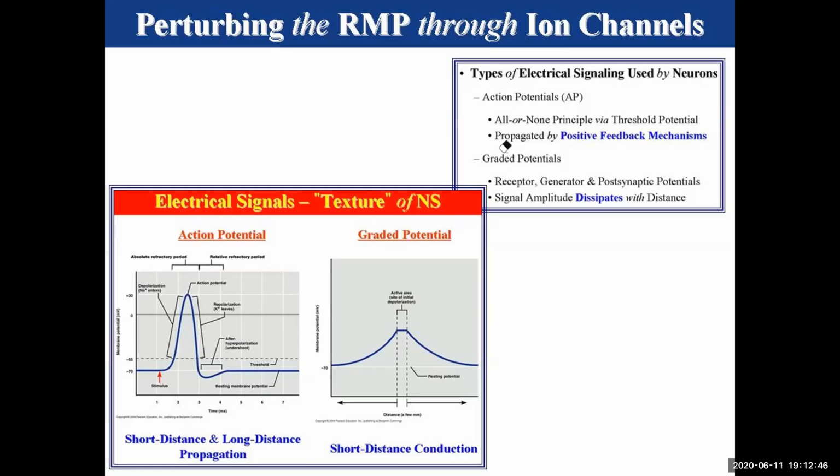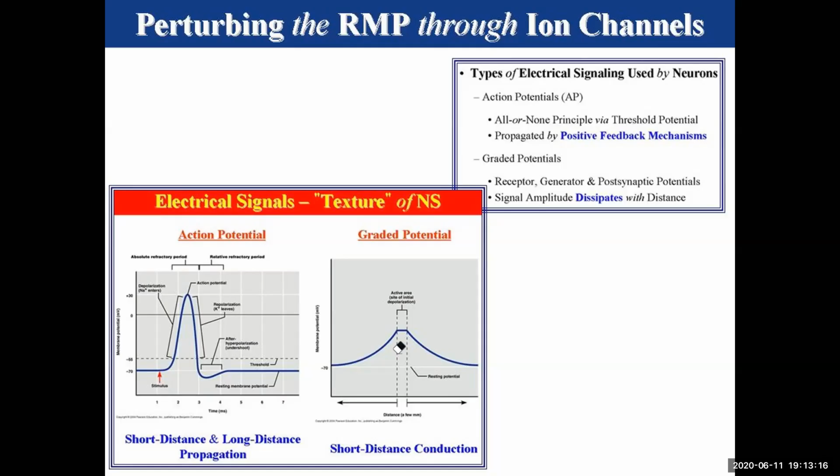Whereas the graded potential, even though it dissipates with distance, the dendrite can add different graded potentials on top of one another to help each other out to get to the axon hillock, to prevent the dissipation of signal intensity due to the distance, right? Because they dissipate the longer the distance, they help each other out.